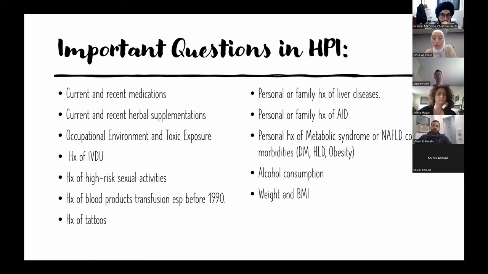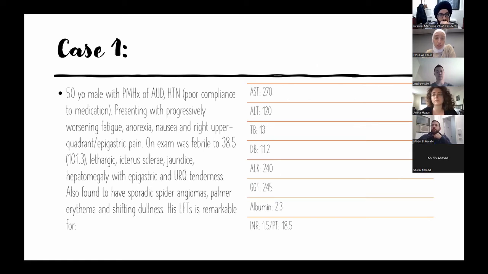Personal or family history of liver disease or autoimmune disease, comorbidities such as diabetes, hyperlipidemia, obesity for the NAFLD, and alcohol consumption, weight, and BMI. These are so important questions to ask in case of any liver injury.